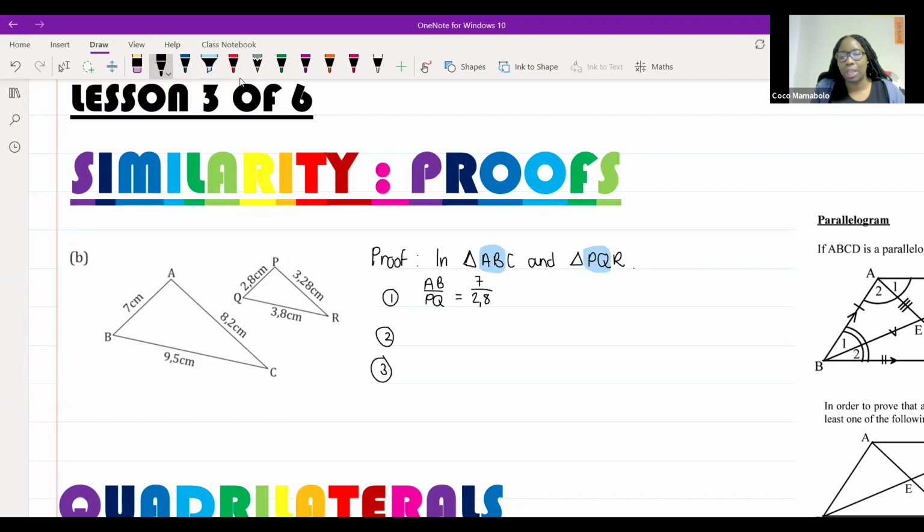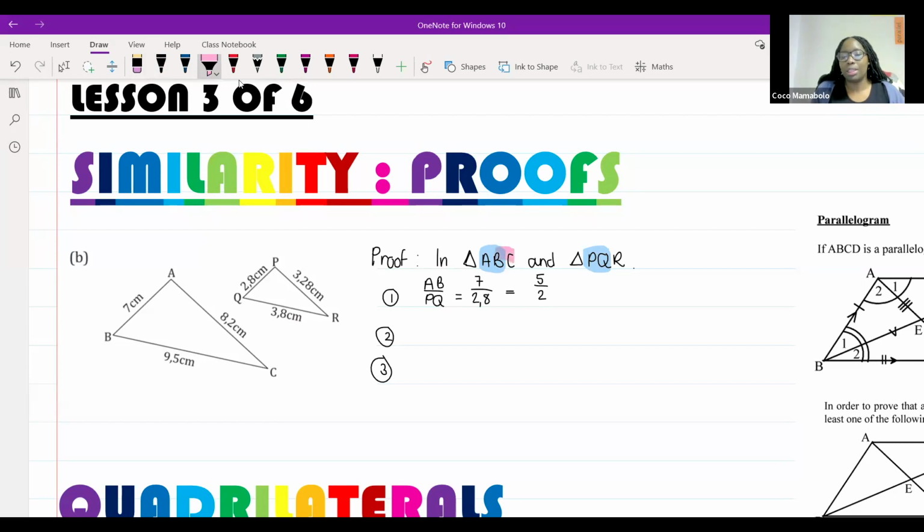I want somebody to put that into their calculator for me and give me an answer, please. What is 7 divided by 2,8? 5/2. 5/2, good. All right, so we're going to get 5/2, which is actually 2,5, but we'll leave it at 5/2. 5/2 or 2,5, guys, it doesn't matter. They're both correct, my darlings.